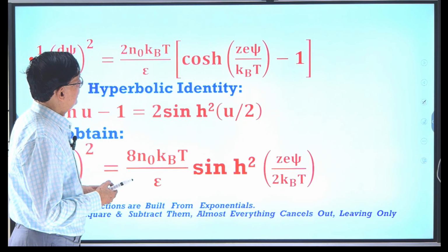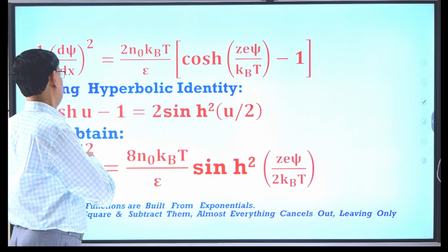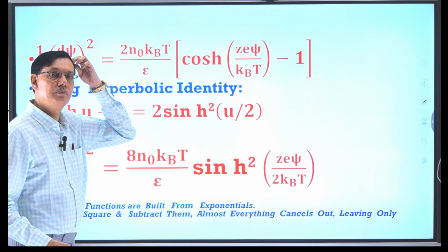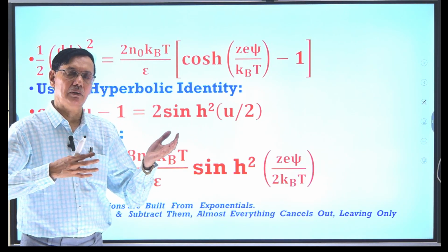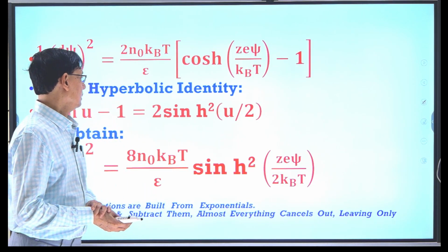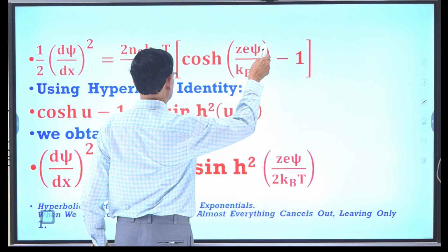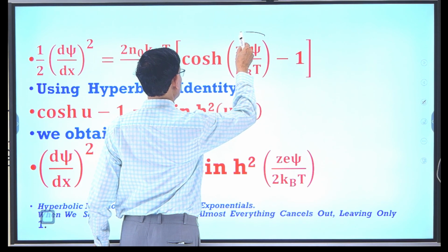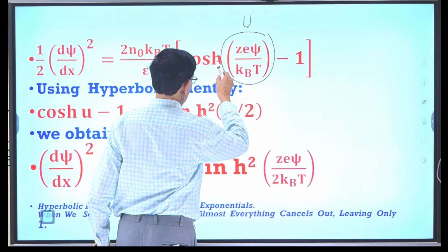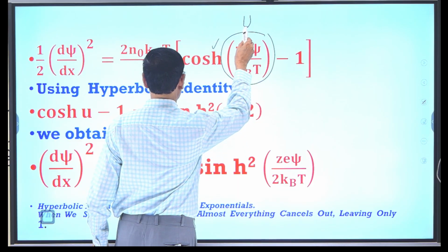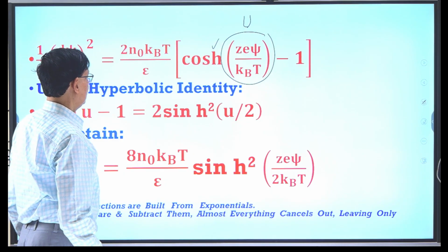But again I'll avoid that mathematics, that there is a system that is called the hyperbolic identity. So you have to cram it. Due to shortage of time, I will not explain here because chemistry is chemistry, mathematics is mathematics, but there is a system, because here if I again consider it as a u, this is a u. So I am getting cos hyperbolic function u minus 1, like sin square plus cos square.